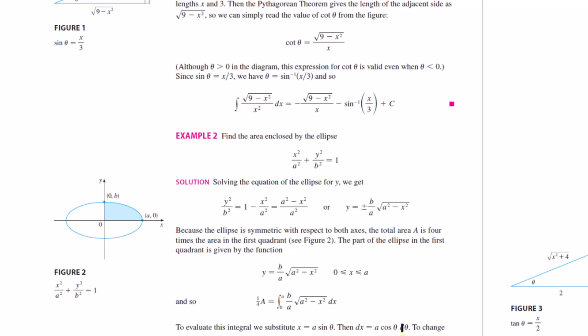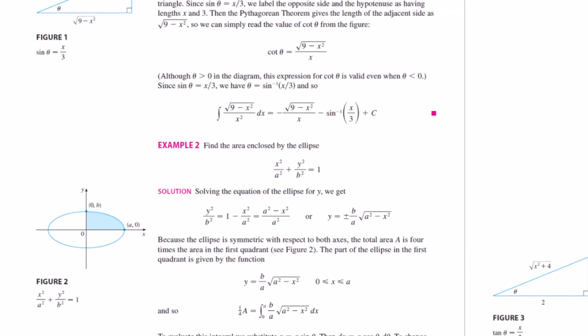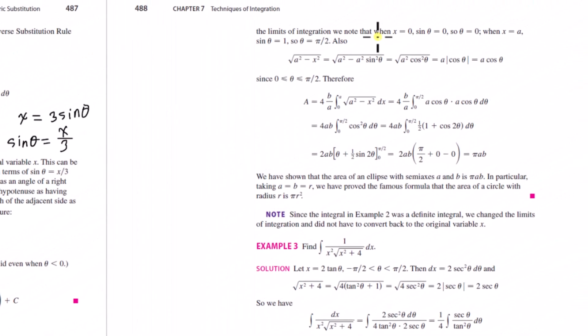And then they update the limits of integration, which I would recommend you do if you're doing a substitution. This is a little bit different than the u substitution but it's the same idea. The original definite integral is going from x is equal to 0 to x is equal to a. So you come to your formula.